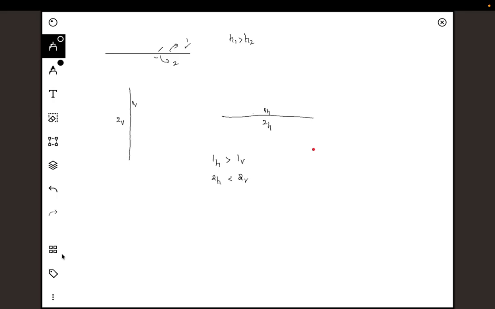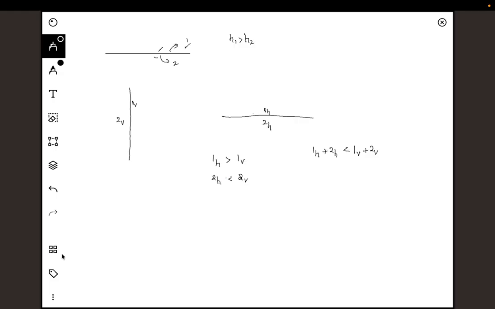So when computing the total heat transfer, we are adding 1H plus 2H for the horizontal, and for the vertical, we are doing 1V plus 2V. It somehow happened that even though this is greater, the effect of this reduction is so high that the overall heat transfer, if you compare this and this, has become lower than this.